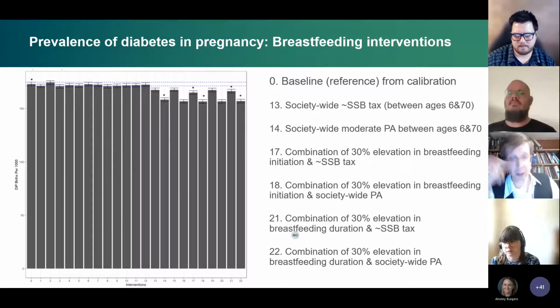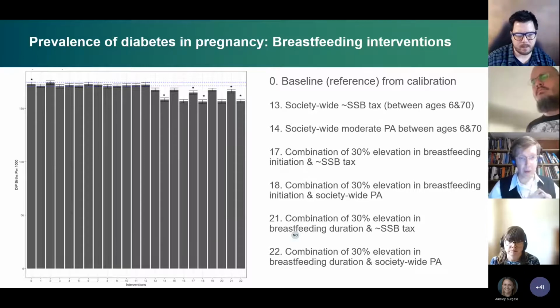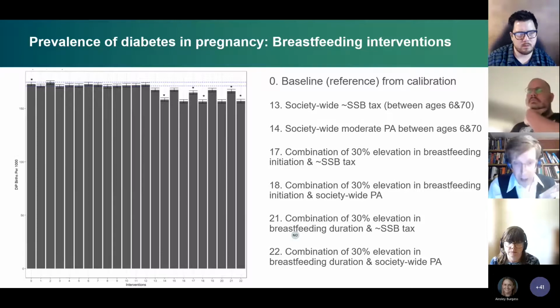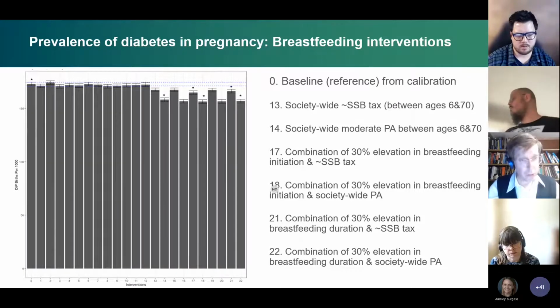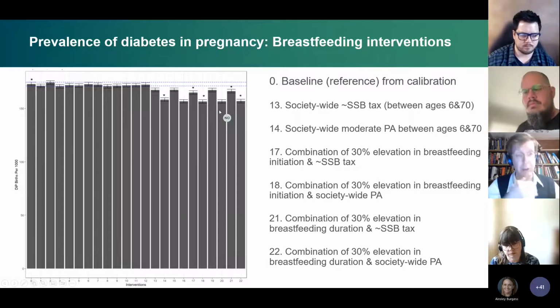Some of the most interesting results were with respect to breastfeeding. And what we found in a nutshell is that combining breastfeeding on the one hand with physical activity or with dietary interventions pairwise could yield really meaningful decreases in the occurrence of DIP births over the lifetime.